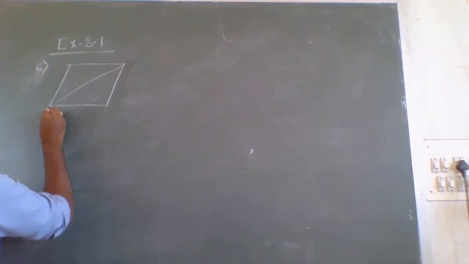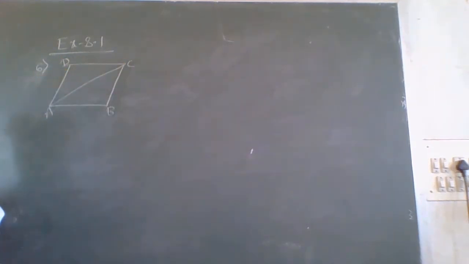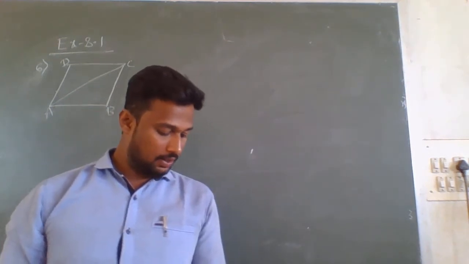This is the parallelogram ABCD. The diagonal AC of parallelogram ABCD bisects angle A.